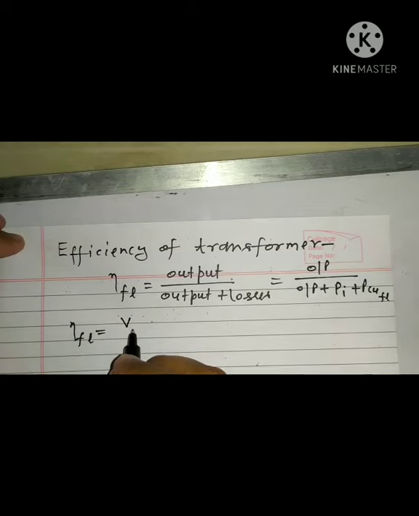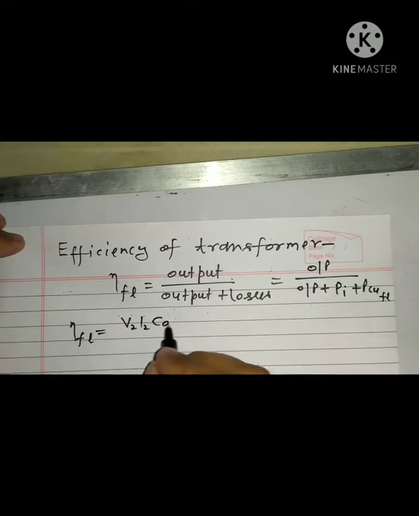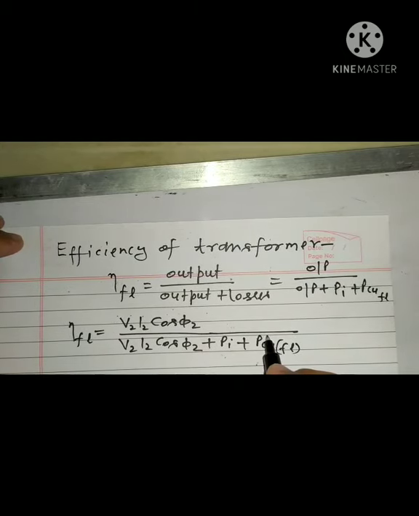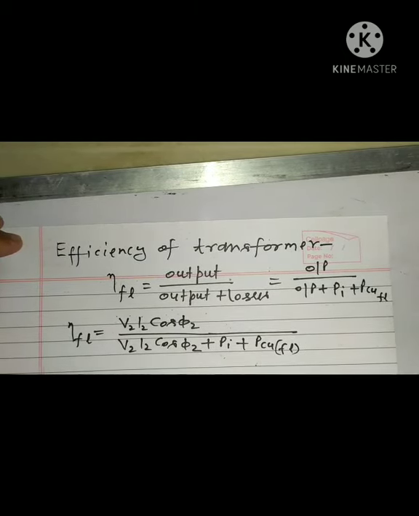So output power, AC power, that is V2 I2 cos phi 2 for a given load, divided by V2 I2 cos phi 2 plus iron loss plus copper loss at full load. Right.